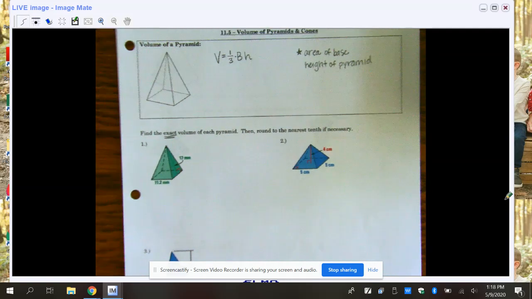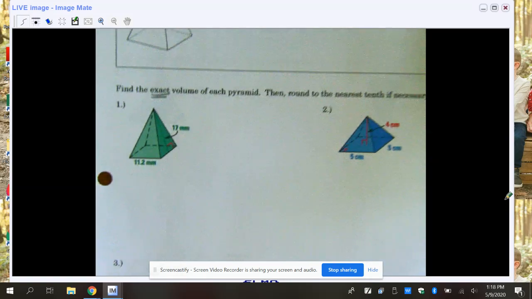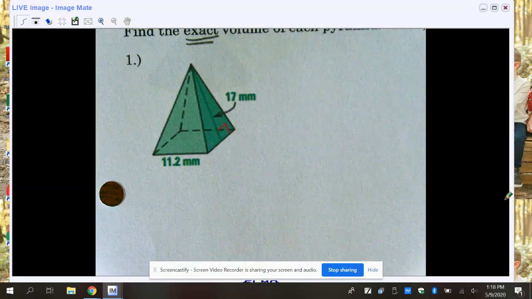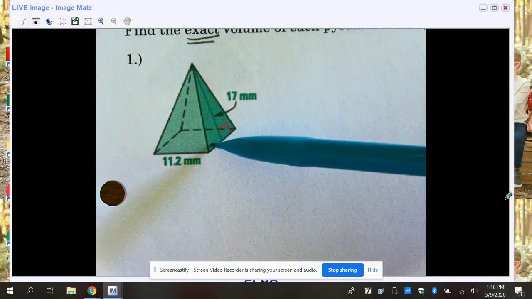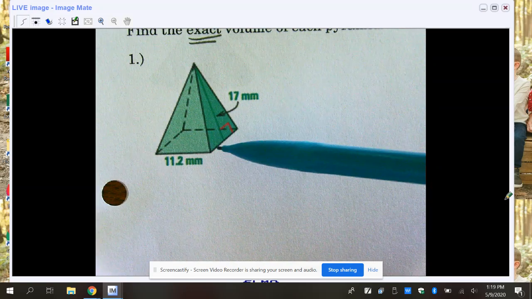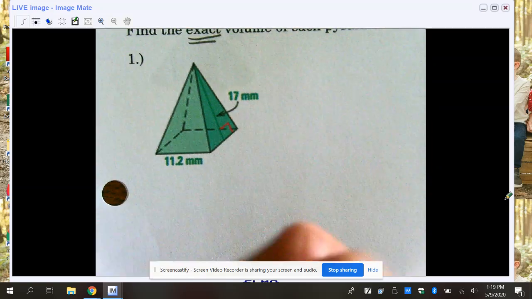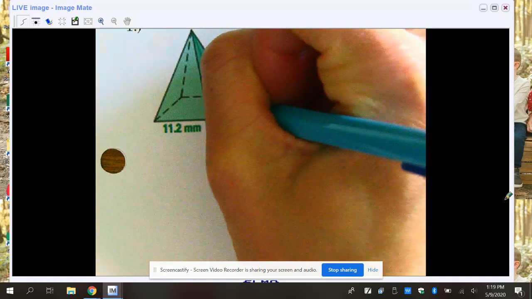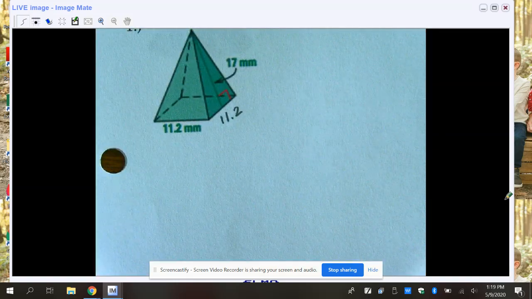Okay, so if we look at this first example here, that goes over what I was just talking about. If I want to know how much I can fill this pyramid with, I need to know the area of the base, and we're again assuming that all of our pyramids are regular pyramids. So this would also be 11.2. The base would be a square.